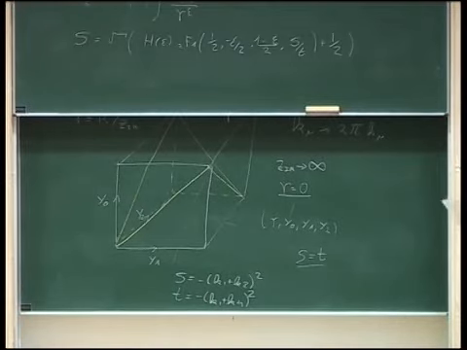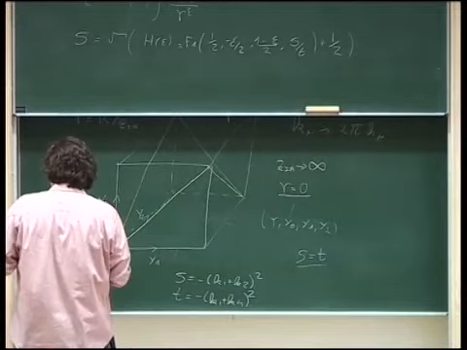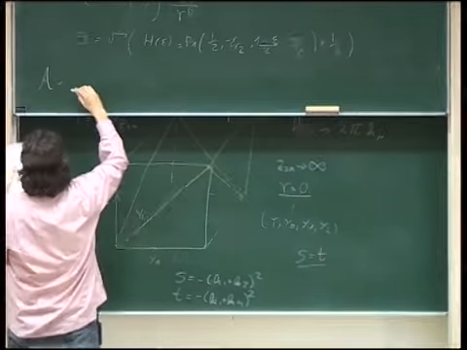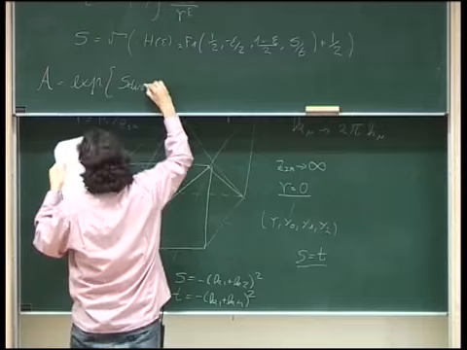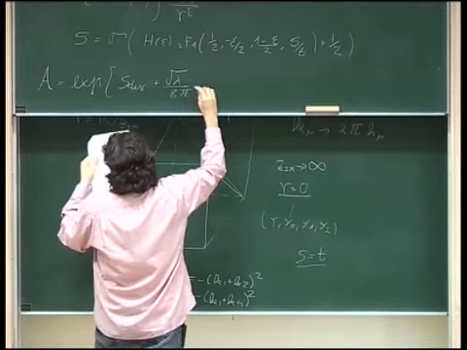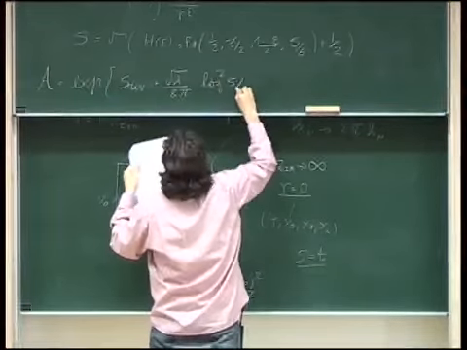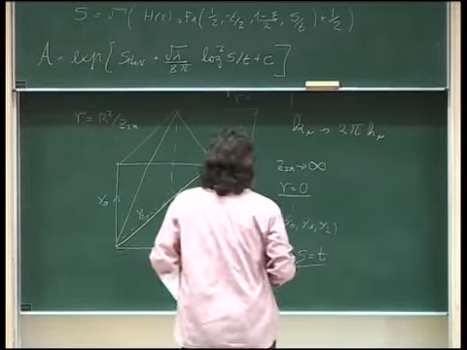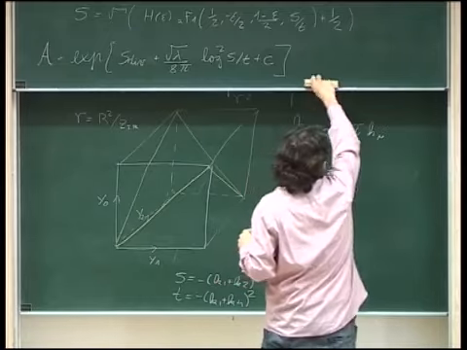Okay, we have everything. Let's expand in epsilon. What we got was that the amplitude was something like the exponential of some divergent piece plus square root of lambda over 8 pi, plus some constant that doesn't depend on epsilon. Divergent means poles in epsilon. Now I will be a little bit more precise.